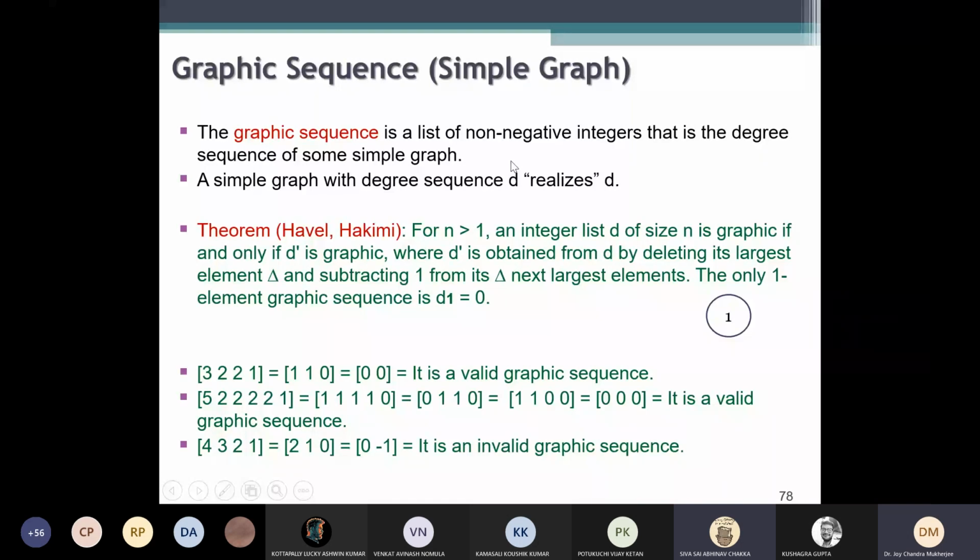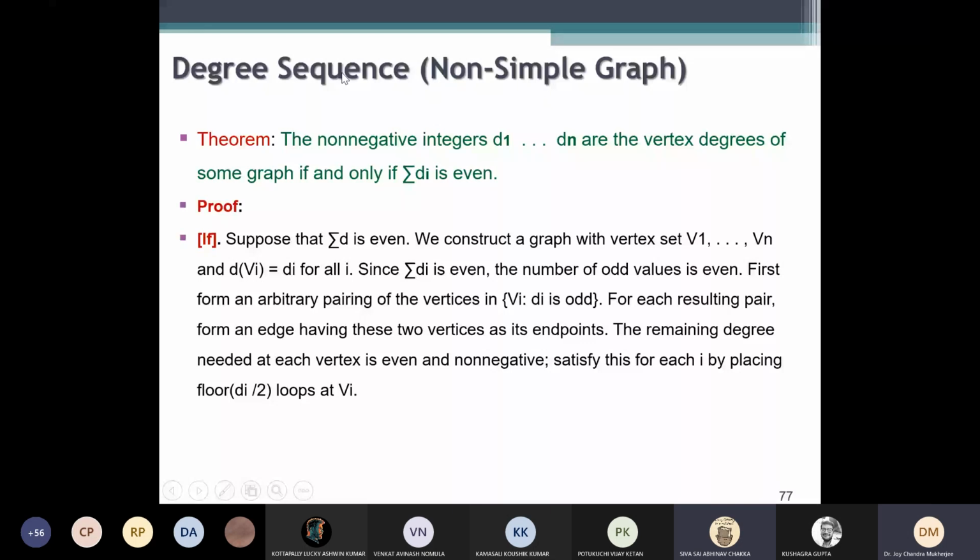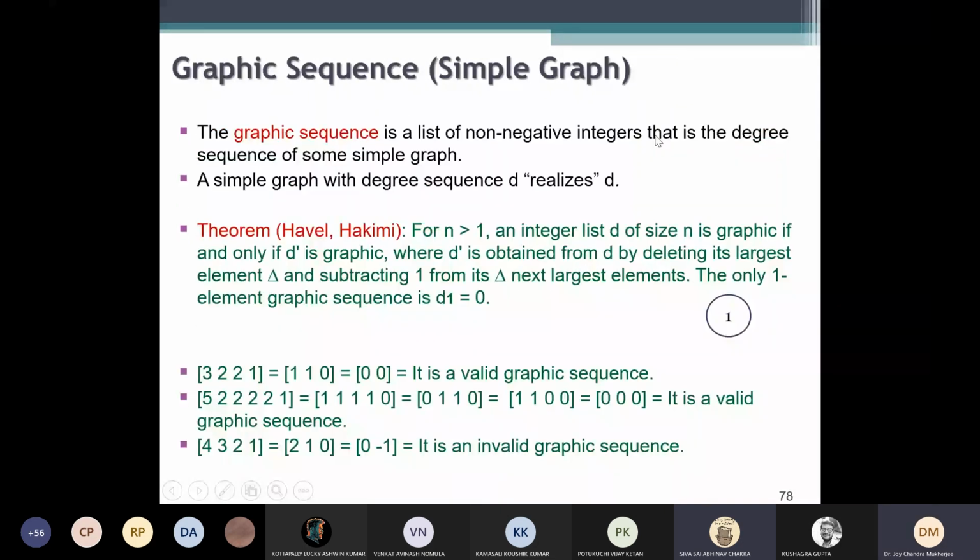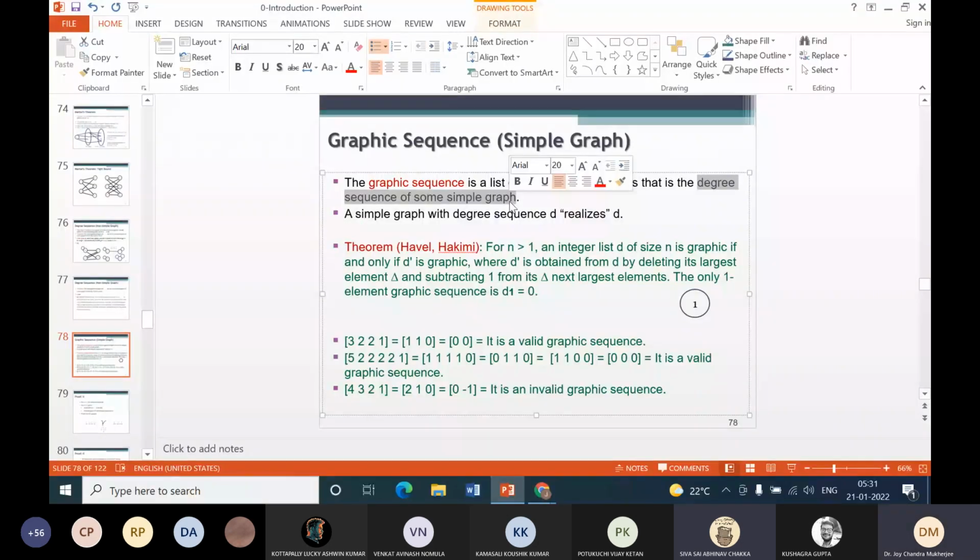So basically, the important thing you have to know is that अगर degree sequence मैं बताता हूँ तो it may be a non-simple graph, it may be a simple graph. But if I say it is a graphic sequence, that means it is a degree sequence for some simple graph. So ये मैं थोड़ा सा highlight कर दूँ, degree sequence of some simple graph. Bold.